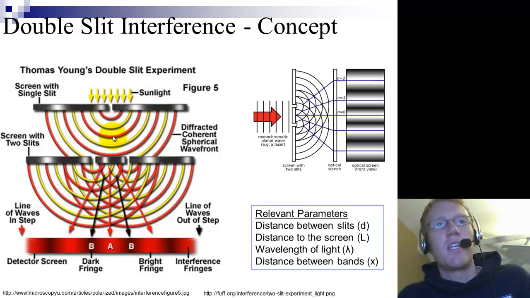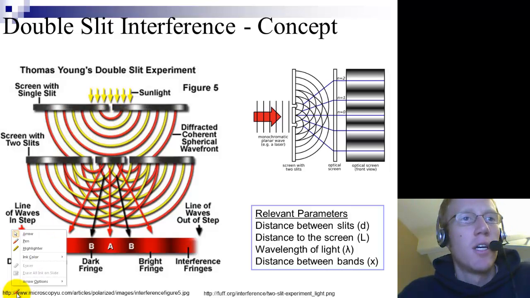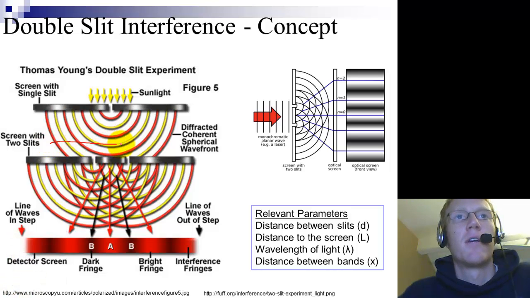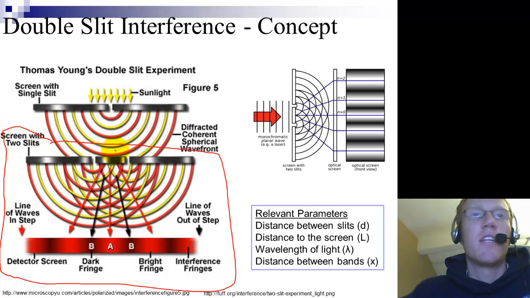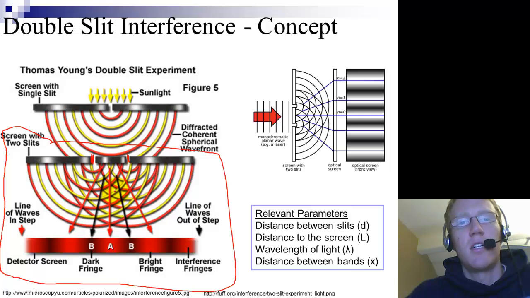Don't worry about that. Basically our experiment is starting right here. The experiment we're looking at is this part that I've drawn a box around. You have incoming light that's all coherent, and you have two slits, one right here and one right here. When this wave passes through this slit, it diffracts, which means it spreads out, and these red and yellow alternating bands represent the peaks and the troughs.